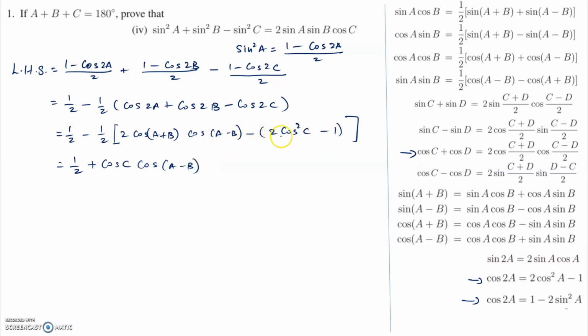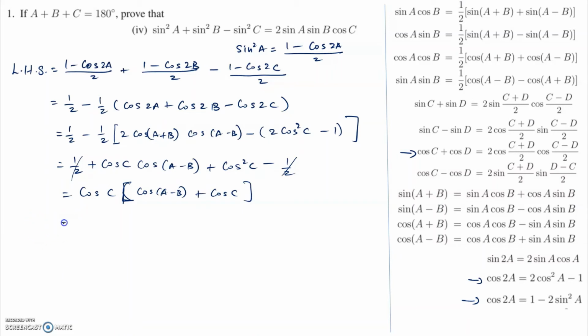And then for the second term you have again this 2 and you have a 2 here, so this becomes plus cos squared c, then a minus into minus plus, plus into minus a minus, minus 1 by 2. So these two terms will now disappear and take the cos c as a common term. So this becomes cos (a minus b) plus cos c within the big brackets here.